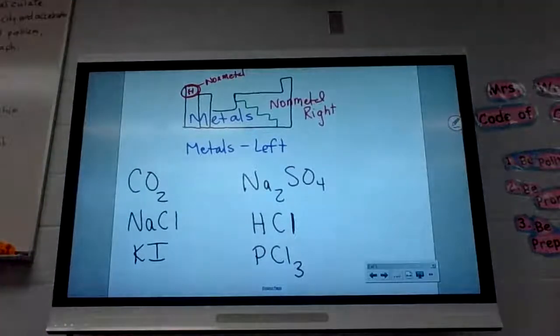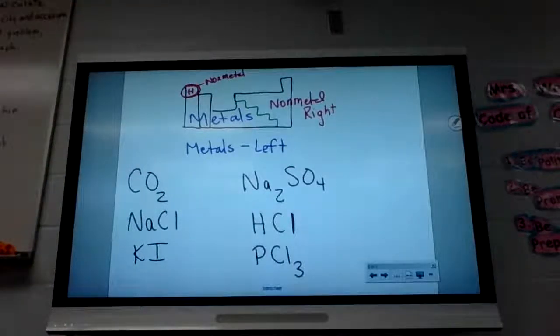Now, you got a periodic table still handy? Write those 6 down. And just in your notes, write I or C, or you can write the words out. I don't care. But it's going to be important for the purposes of naming whether you can decide if they're ionic or covalent in 2 days. Okay? So figure out if those are ionic or covalent real quick.